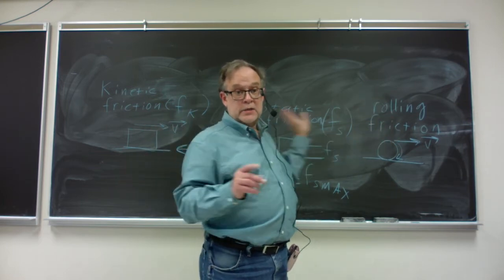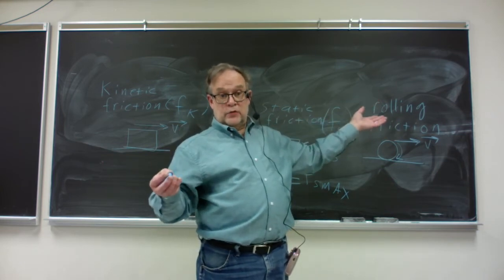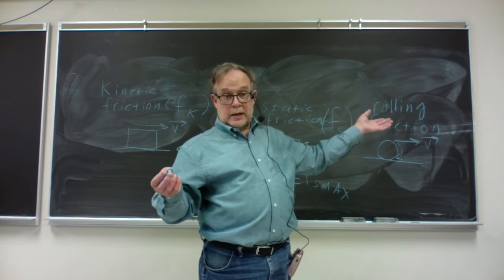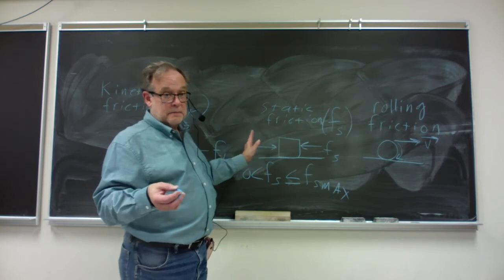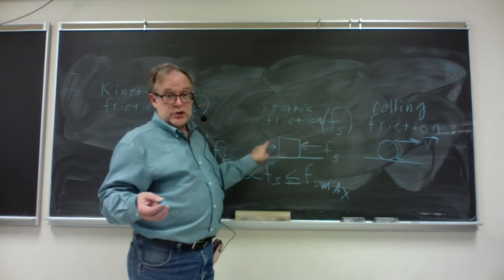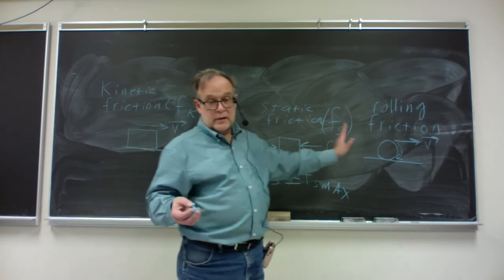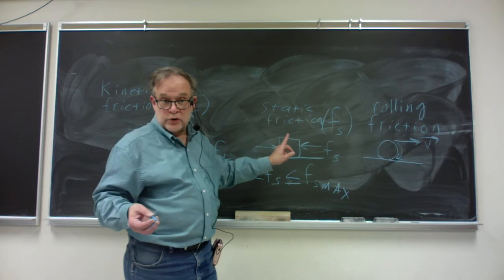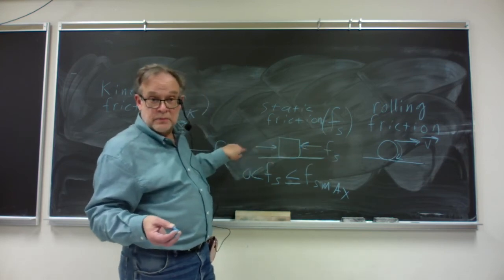And in both cases, static friction and rolling friction, the direction of that friction force is opposite to the slide that it is preventing. In this case, I'm pushing this way, so if this box did slide across the floor, it would slide left to right. Therefore, the static friction force that prevents that sliding must be pointing to the left.